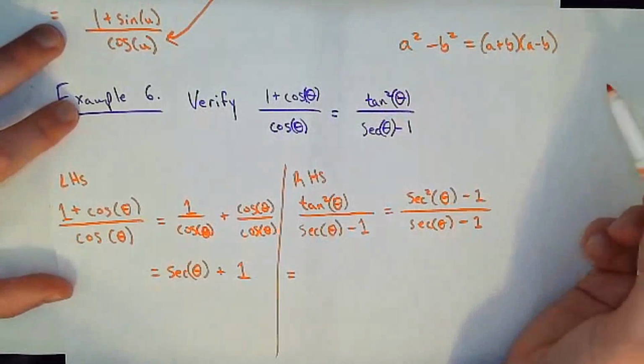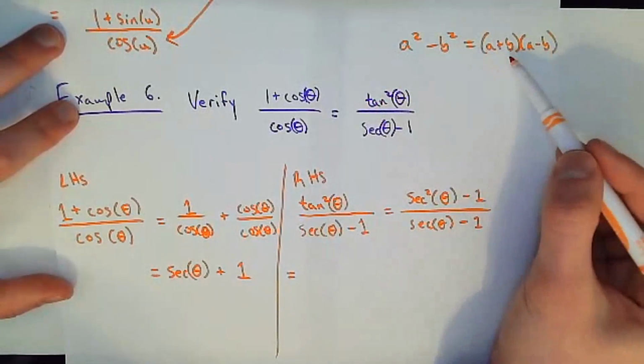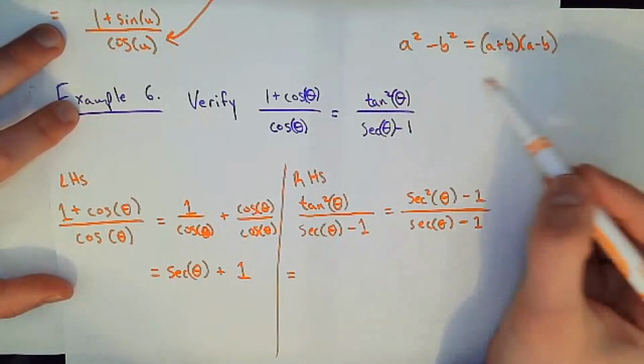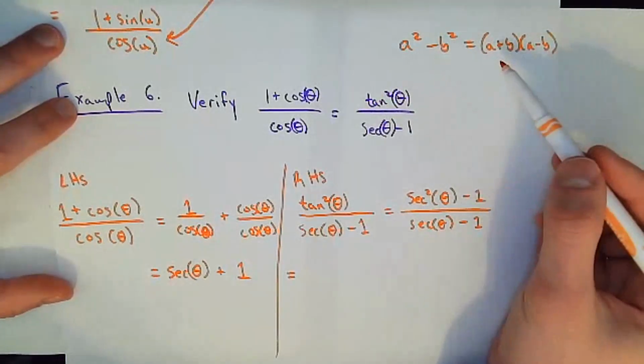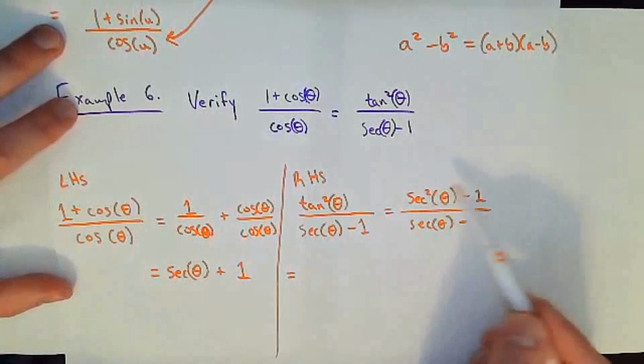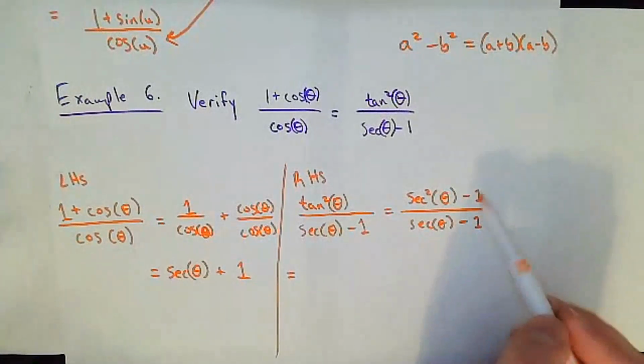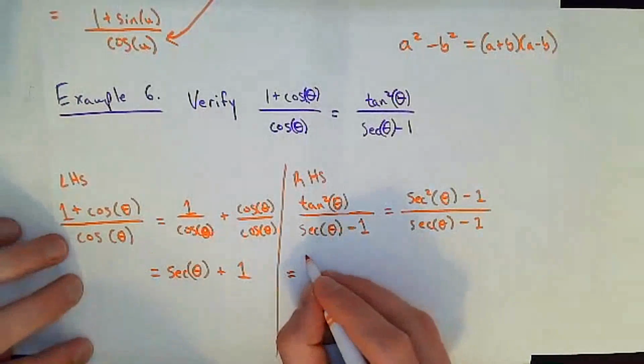The few times we've seen it today have been going in the opposite direction, multiplying two things like 1 plus sine, 1 minus sine, giving me 1 minus sine squared. We've seen that twice today, but now I'm going the opposite way. I've got this form, that's a difference of squares, and now I want to factor it.